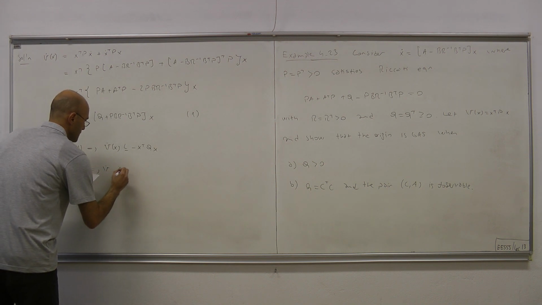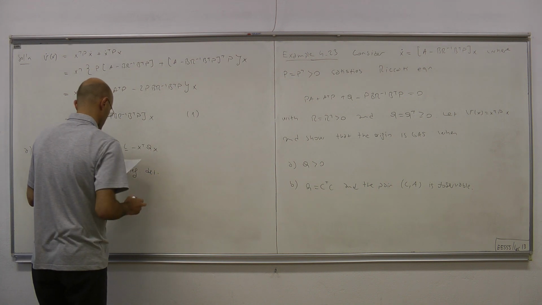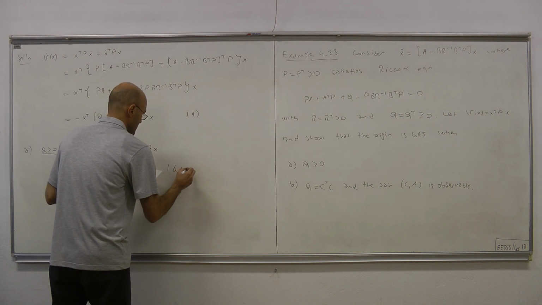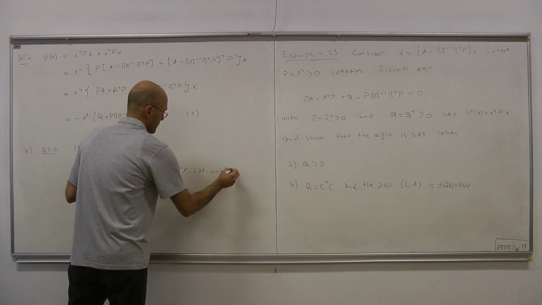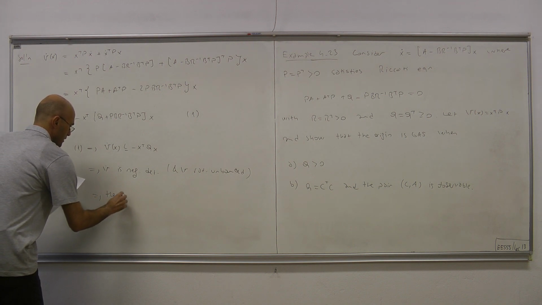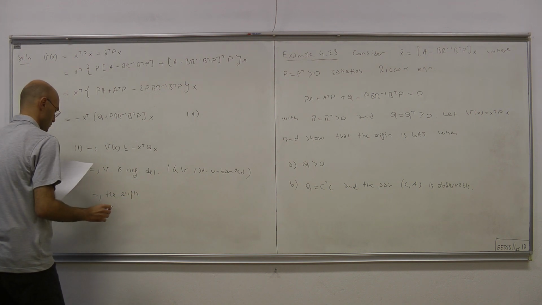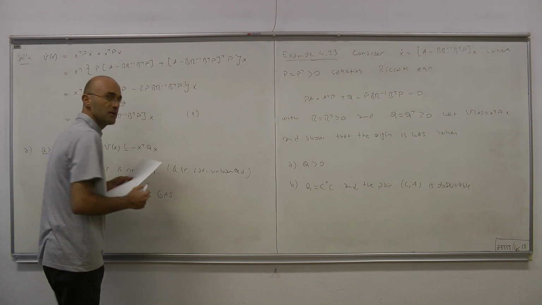V dot is negative definite, and V is radially unbounded. Therefore, the origin of the closed loop system is globally asymptotically stable.